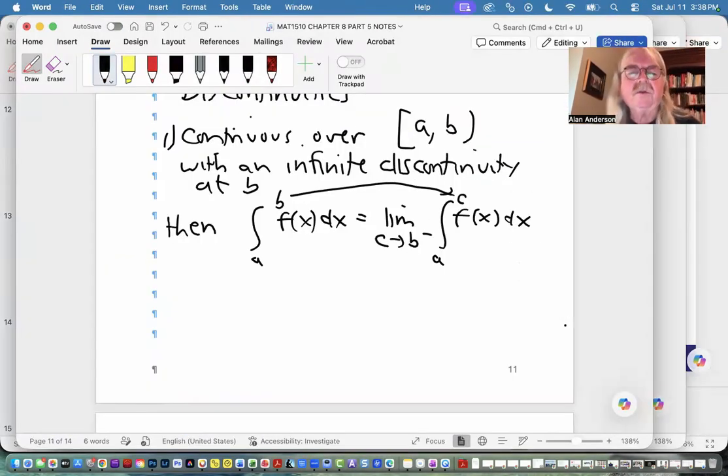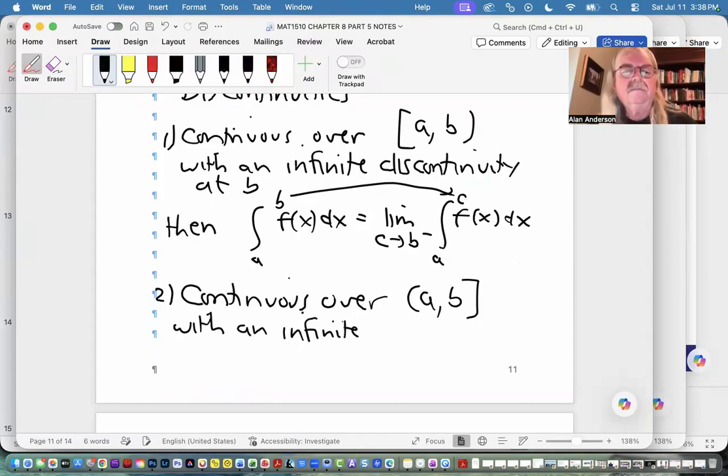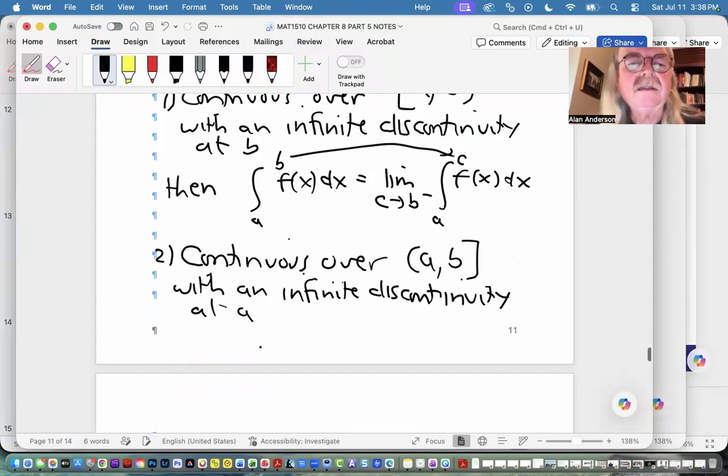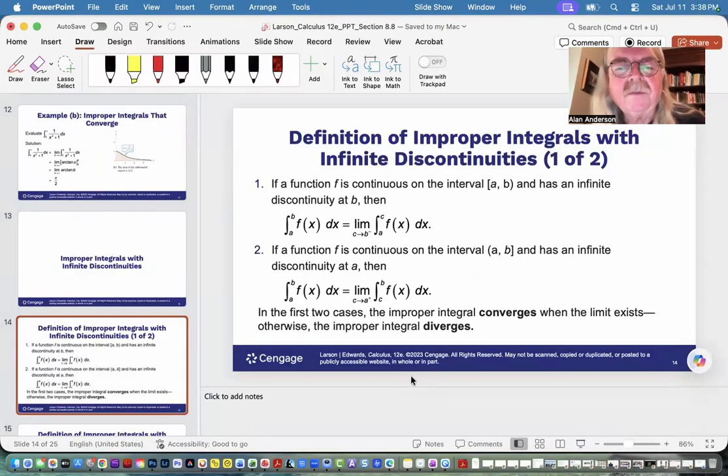And then, of course, if it's the other way around, and here the infinite discontinuity is at a, well, then instead we'll get c goes to a from the right.